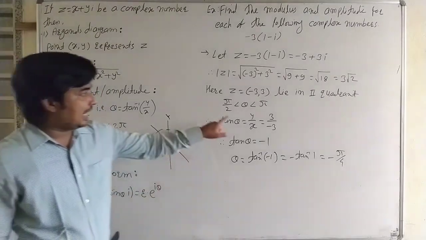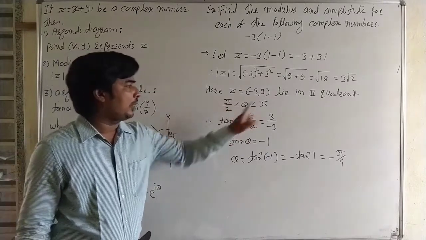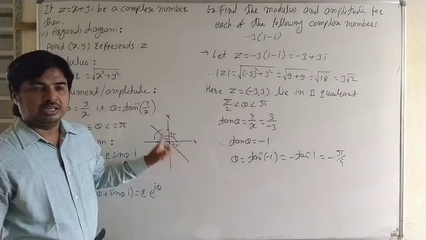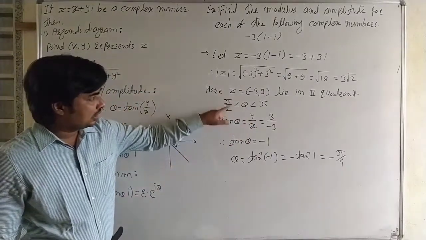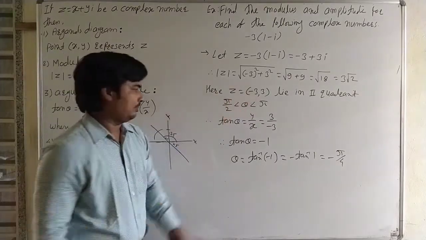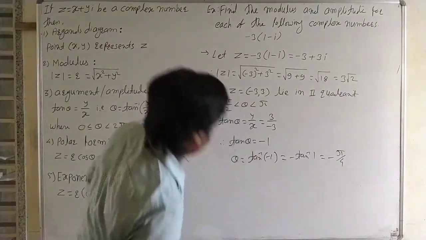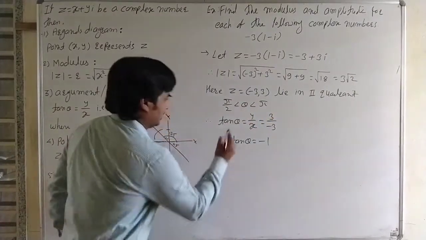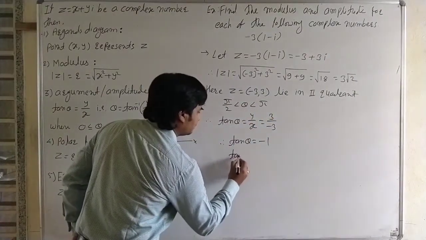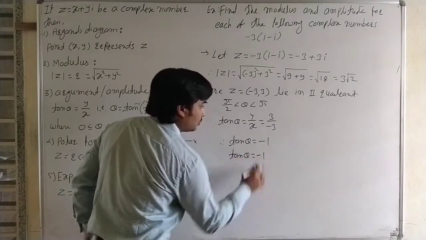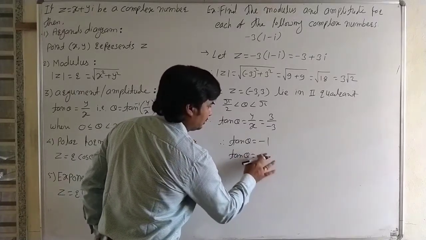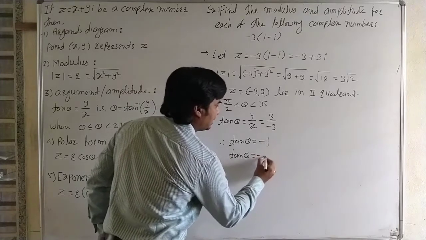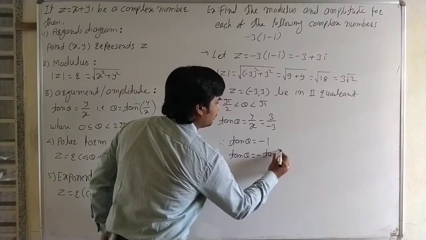The angle θ must be in π/2 to π, and we want a positive angle in that range. Therefore here we can write tan θ = -1, and this is -tan 45, that is π/4.